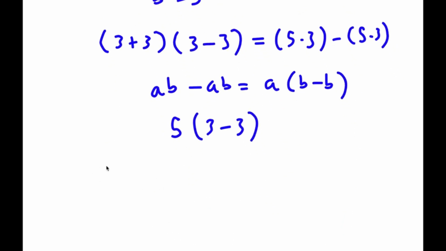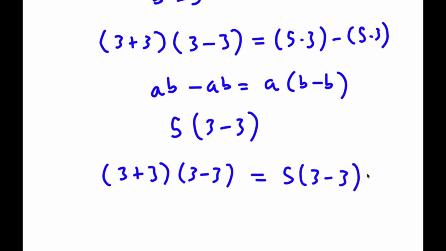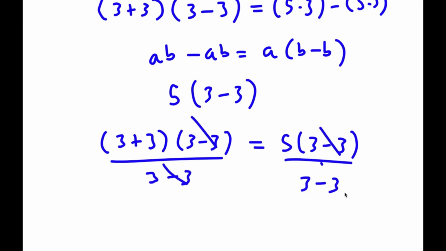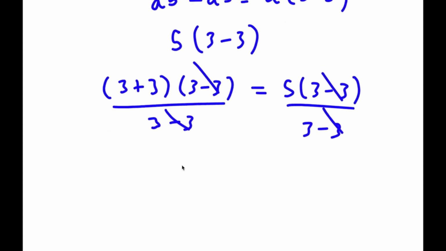So now I have 3 plus 3 times 3 minus 3 is equal to 5 times (3 minus 3). Now, if I divide both sides by 3 minus 3, these two cancel out, and I get 3 plus 3 is equal to 5, or 6 is equal to 5.